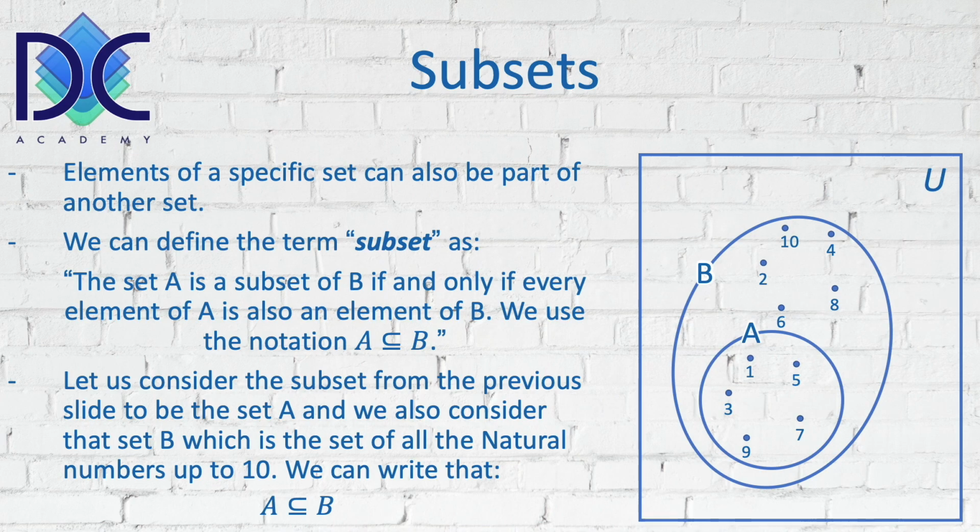The set A only has the odd integers, so now we can say that the elements of the set A are a part of the set B, and we call A the subset of B. We can also go further, because A and B are also subsets of the natural numbers, the universal set. Once we have the universal set, every set we define within the universal set will also be a subset of the universal set.